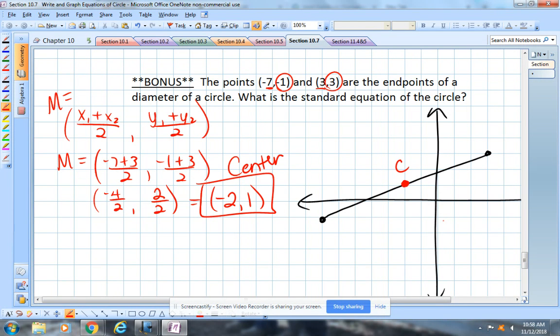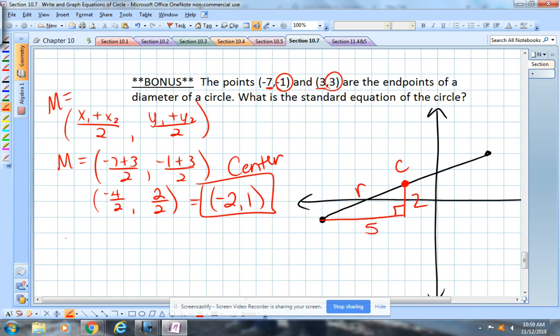Okay. Now, how are we going to get the radius? Then you can do Pythagorean theorem. So you can draw it like that. You can draw it above it like that. Either way, just make a right triangle with the radius being the hypotenuse. So how many units do we have up and down? How many units do we have left and right? 5.